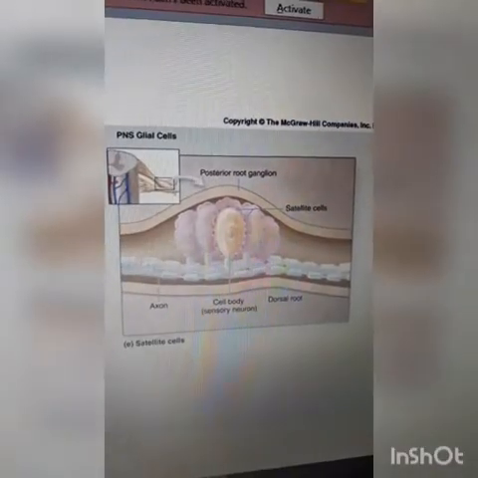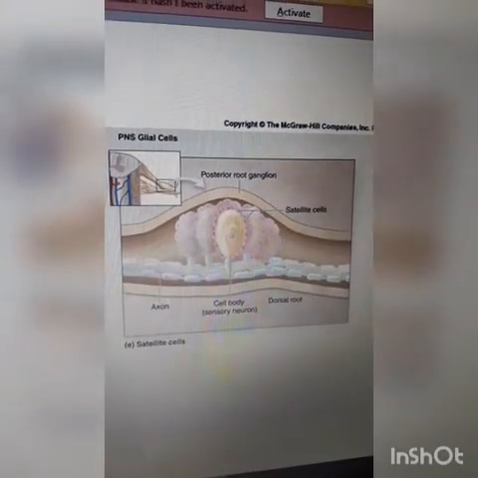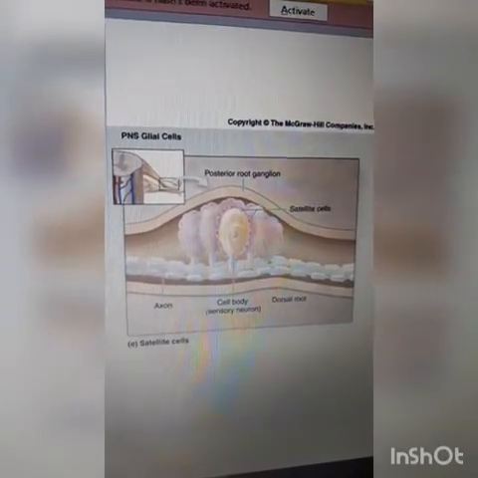The above two, microglia and oligodendrocytes, are the glial cells of the central nervous system.